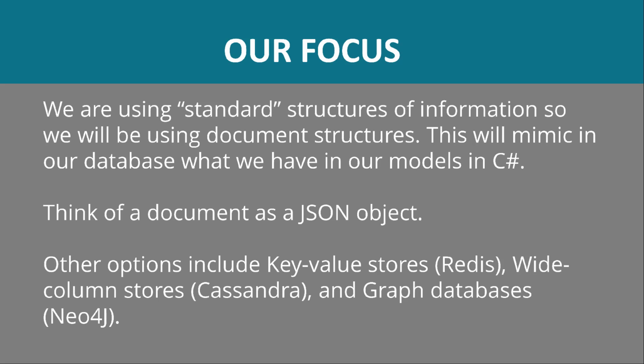There are also wide column stores like Cassandra and graph databases like Neo4j. These are sometimes very specific styles of database for a very specific purpose. Redis is great for caching. It's really, really powerful for that. So each structure kind of fits the need.